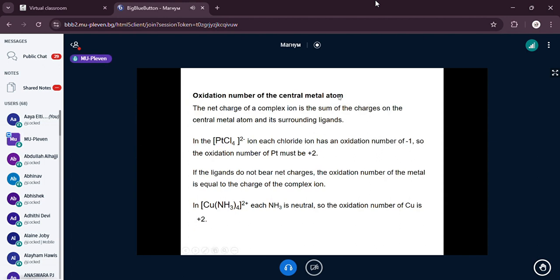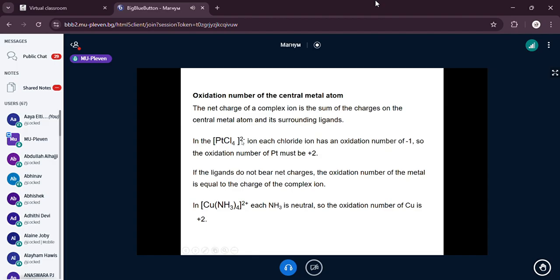Another term which you have to be able to determine: oxidation number of central metal atom. Let us take this example: platinum, 4 chloride ions.